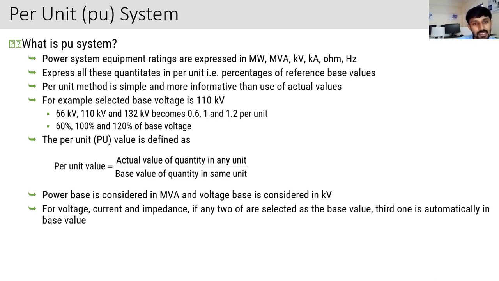Power system equipment ratings are expressed in megawatts, MVA, kV, kiloamperes, and ohms, and hertz. So we express all these quantities in the per unit system, as a percentage of the reference base value. If we consider India, the reference base value of the power consumption is some gigawatts or megawatts, whatever you have.